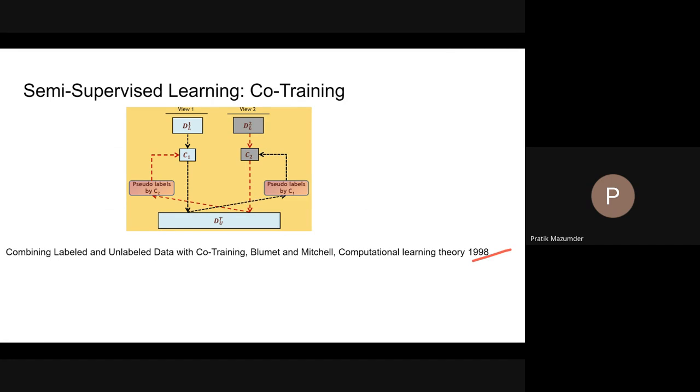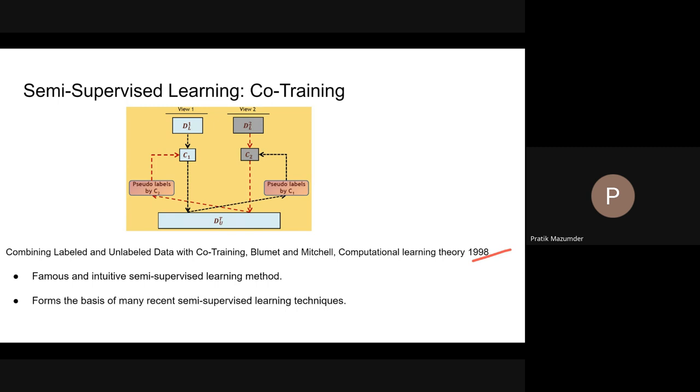And I think initially it was designed for classifying web pages or something like that. It has now become very mainstream. You will see a lot of methods that mention co-training, because it's now the basis of many semi-supervised learning techniques. So we'll discuss the core idea behind it, which is actually very straightforward, and that core idea holds true even for recent semi-supervised learning methods, at least a lot of them.